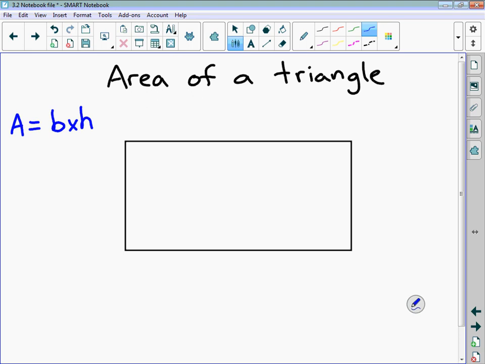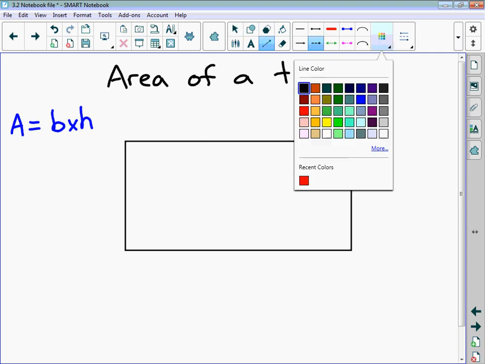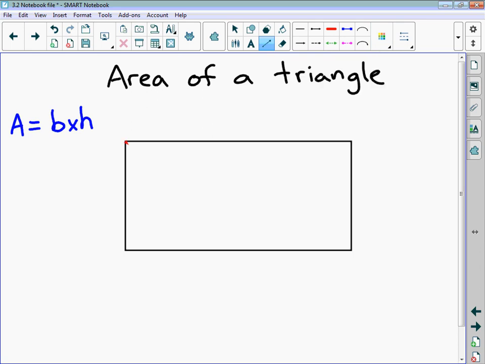Well, the first thing I want to show you is that any triangle is actually just half of a rectangle. I can show you that pretty quickly with this rectangle. I can take a line, let's make it a red line, and start at this corner and bring it across to this corner. That actually now makes two triangles.